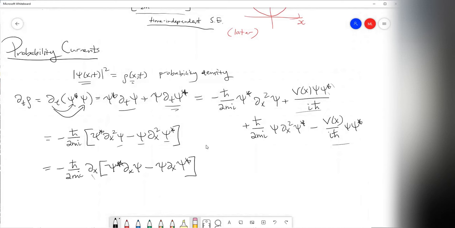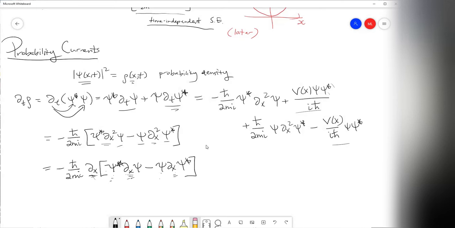This derivative acting on this term gives me a derivative times the derivative, and acting on this one will give me a derivative minus derivative. So that's 0. So the only terms that contribute are where this guy hits this guy again, so you get this term. And when this guy hits this guy, you get this term again. So the cross terms cancel. You don't have to worry about those because it's just the product of the two derivatives subtracted from each other. That's 0. So this is okay.